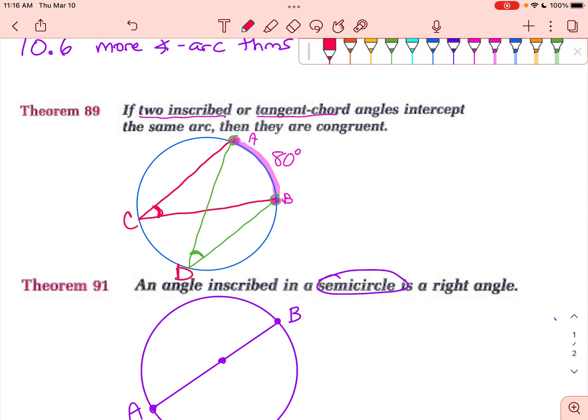So here's C and D. Because they're both intercepting AB, angle C has to be congruent to angle D. Because they're both intercepting this pink arc, both of them have to be 40 degrees. Obviously, inscribed angles are half as big as their intercepted arc. Those two angles have to be congruent to each other.